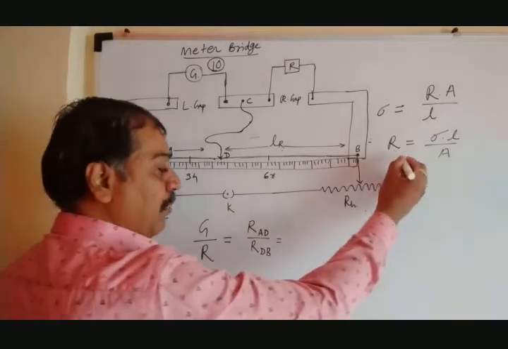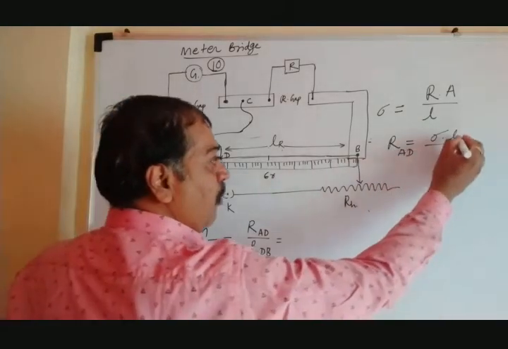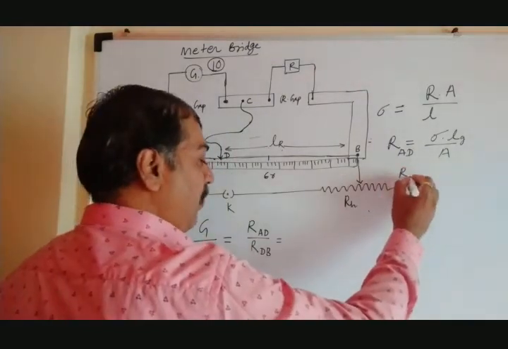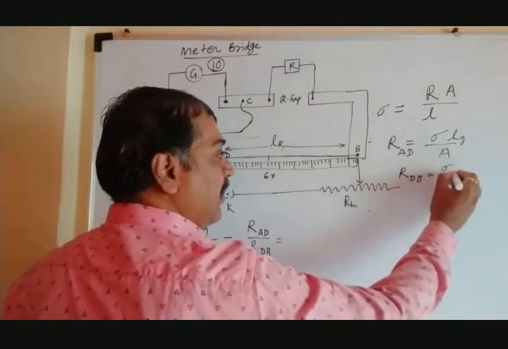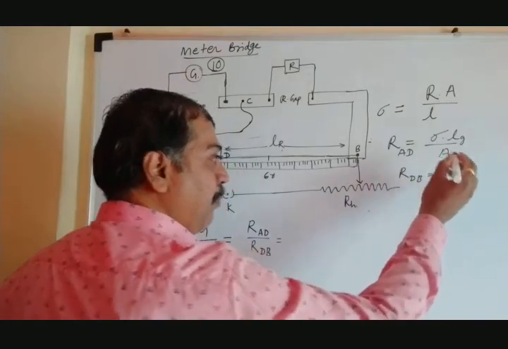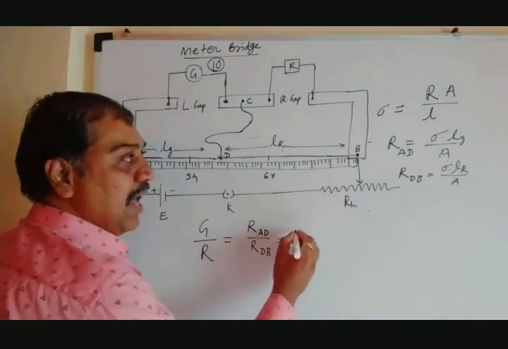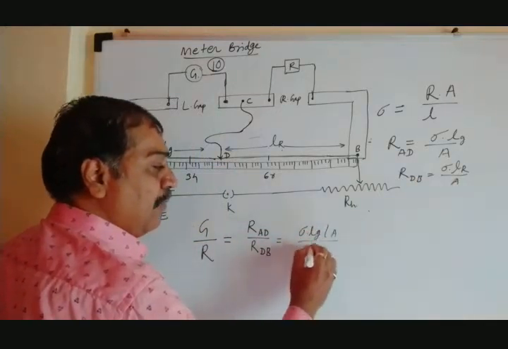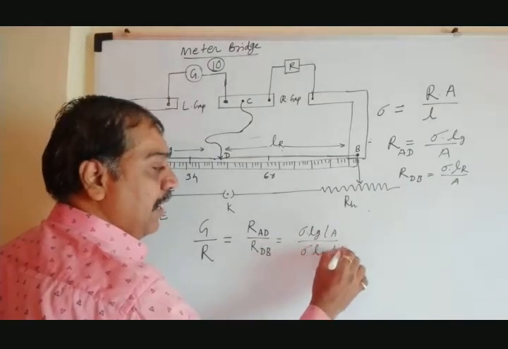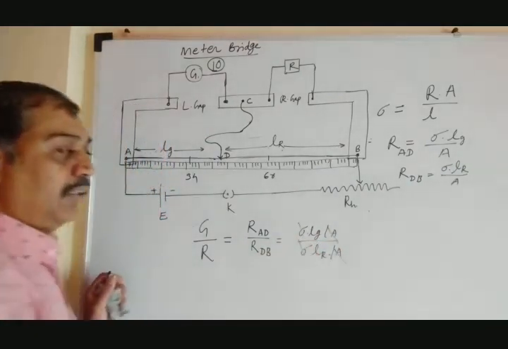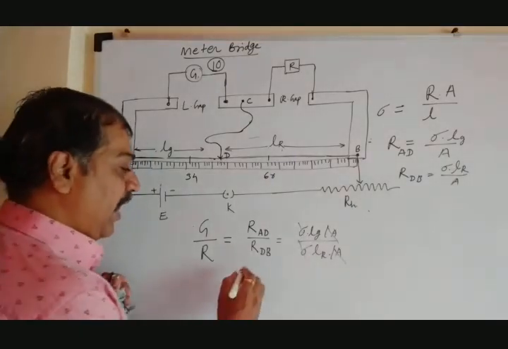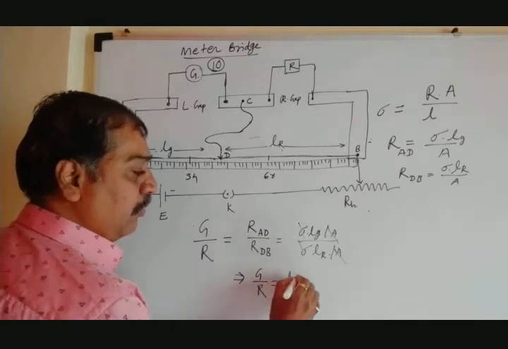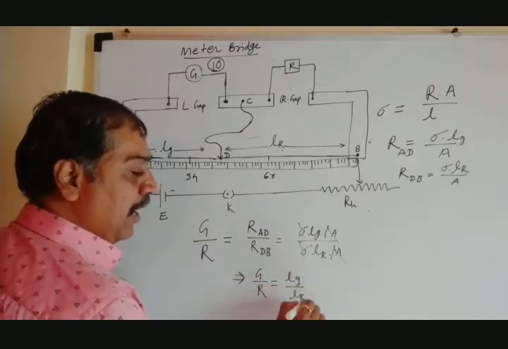For AD it is sigma Lg divided by A, and for the resistance of wire DB it is sigma Lr divided by A. Put these values here: sigma Lg divided by A, divided by sigma Lr divided by A. A cancels out, sigma cancels out. So what we get? This equation implies that G divided by R equal to Lg divided by Lr.